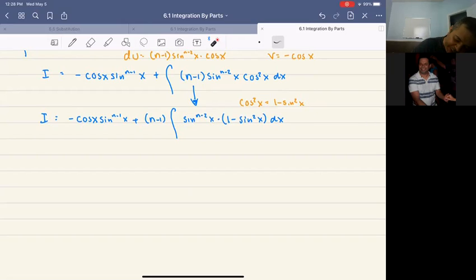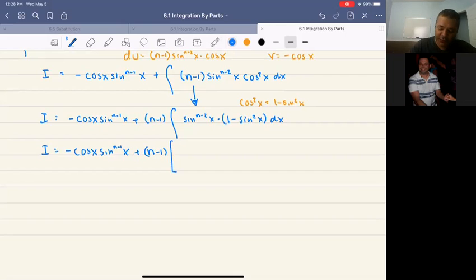So we're going to get I equals negative cosine x sine n minus 1 of x plus n minus 1 times, the first one is going to be the integral of sine of x to the n minus 2 dx, because I'm going to split this up, minus the integral of sine to the n of x dx.